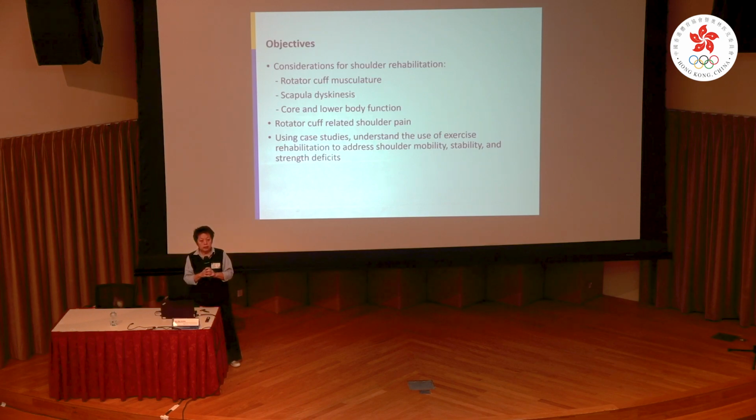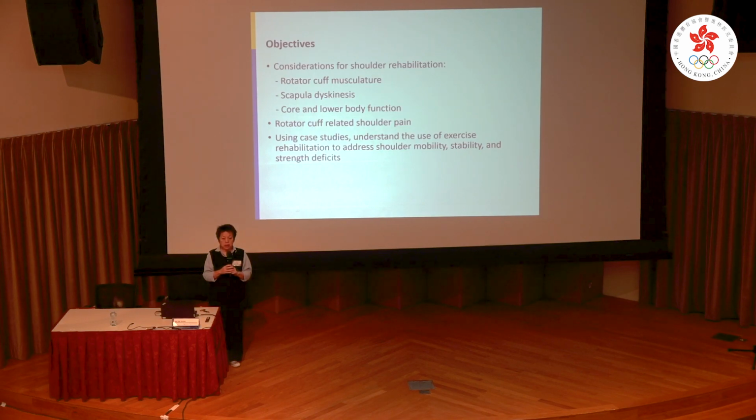After that, I will look at rotator cuff related shoulder pain. In the past, in the literature, the pathologies that people quote in terms of shoulder pain were many, things like tendinopathy and rotator cuff tears, but now in the recent literature they are all grouped under an umbrella term called rotator cuff related shoulder pain, rather than as separate entities, and I will tell you the reason why.